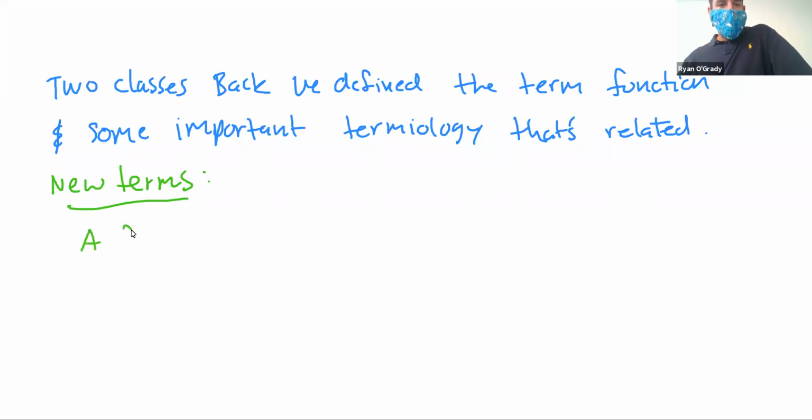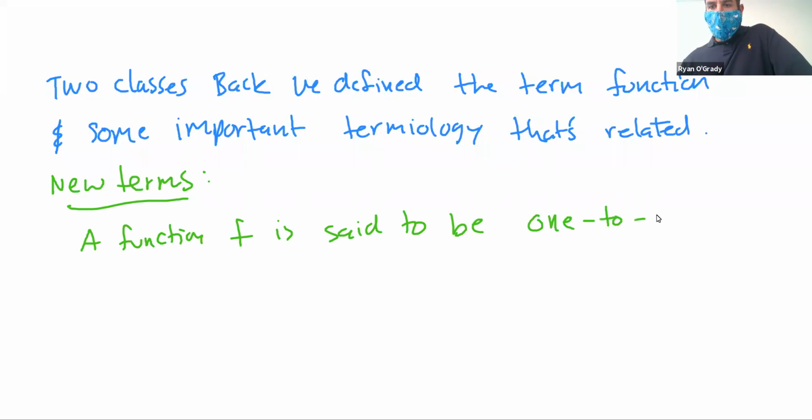A function f is said to be one-to-one. That's a very common way of saying it.